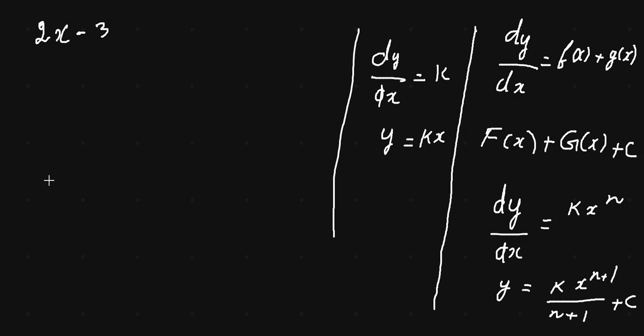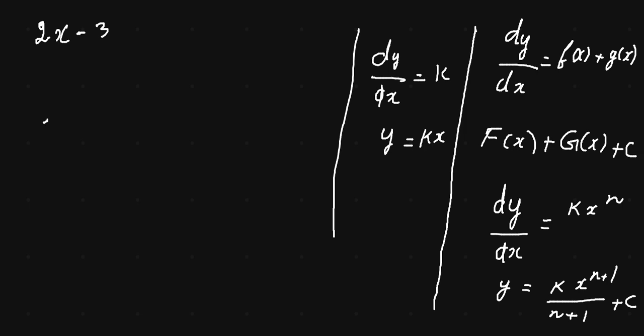That's the first formula. The second one is: if dy by dx is a constant k times x to the power of n, then you have a formula. You already have a constant 2 times x to the power of 1. So let's find the antiderivative for 2x.